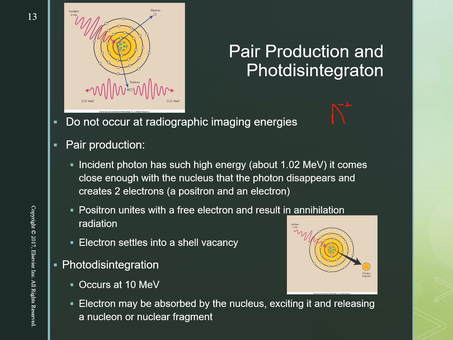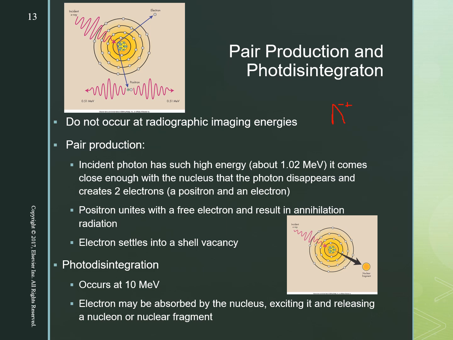Now, that positron, or the positive charge, unites with a free electron and results in annihilation. They basically destroy each other, whereas the electron can go out and settle into a vacancy of any other atom that's missing an electron.